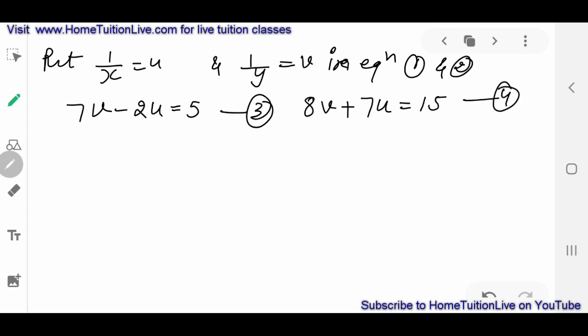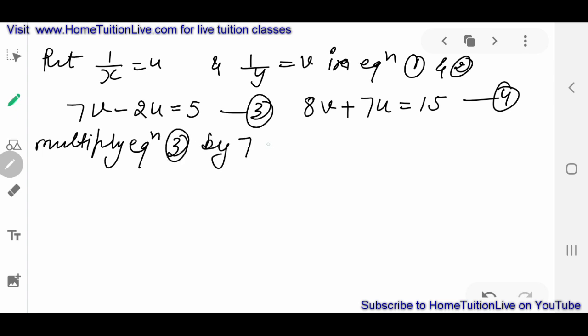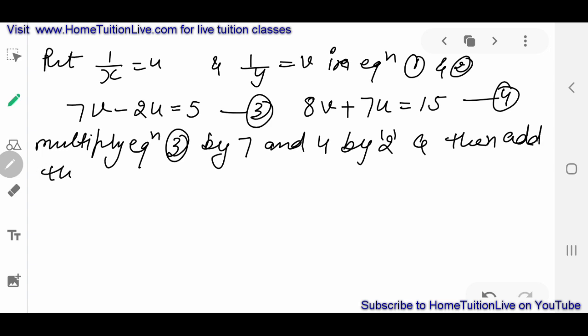Now we will use the elimination method. Multiply equation 3 by 7 and equation 4 by 2 and then add the results. So 7 times 7 is 49v minus 14u is equal to 35.